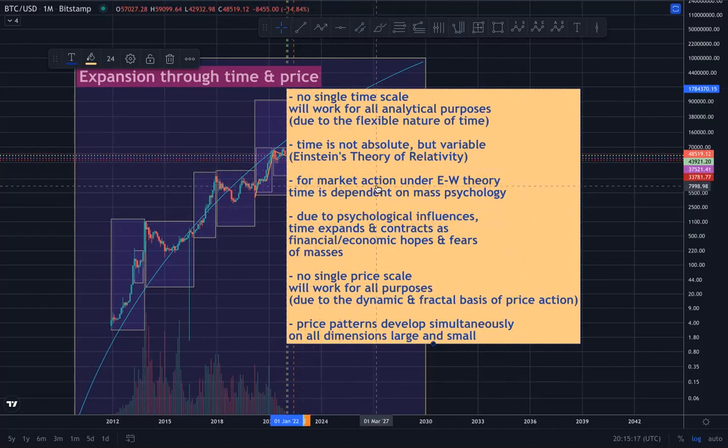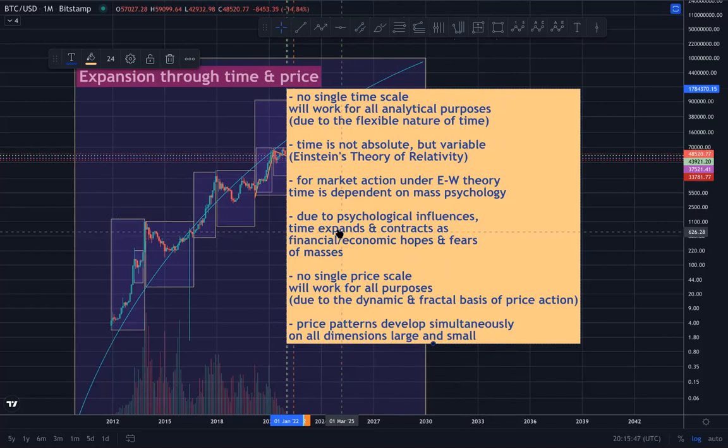And for market action under the Elliott wave theory, time is dependent on the mass psychology. So the mass psychology influences the scale of the time that we look at. Due to the psychological influences, the time will expand or contract with the financial and economic hopes and fears of the masses.